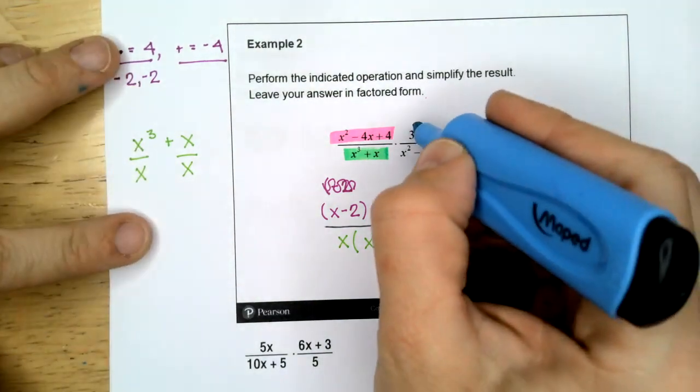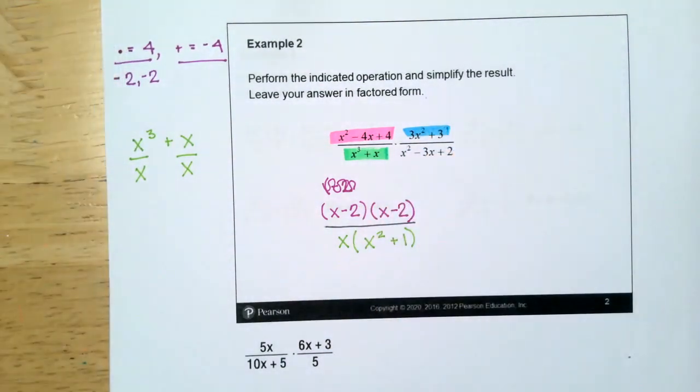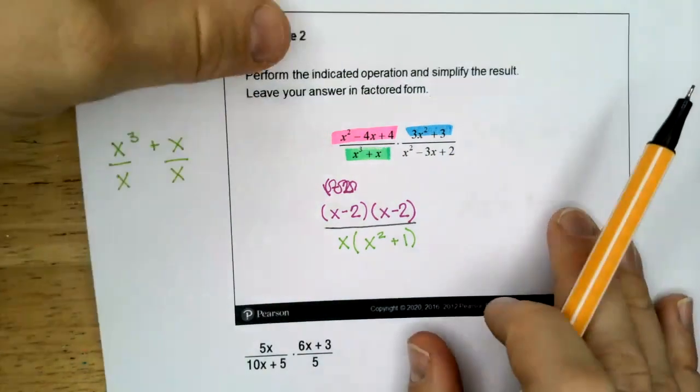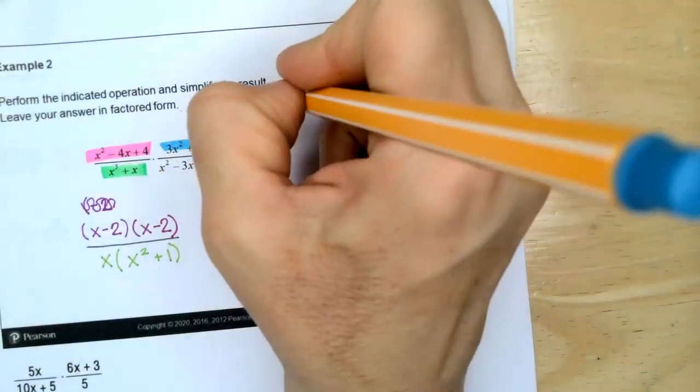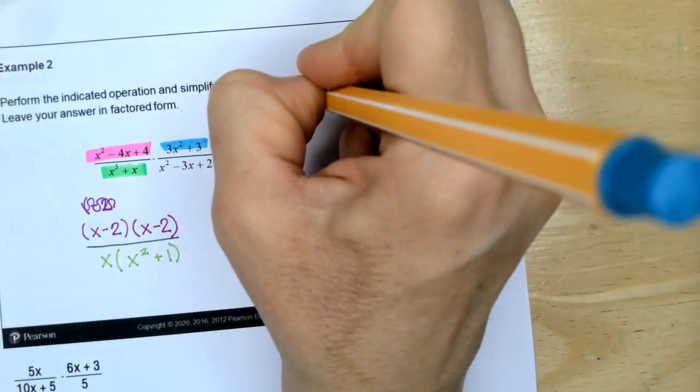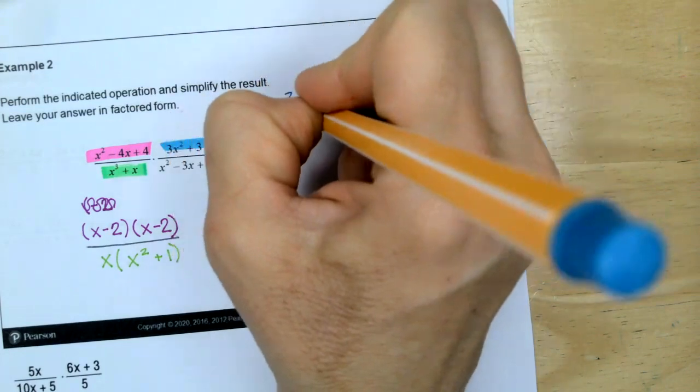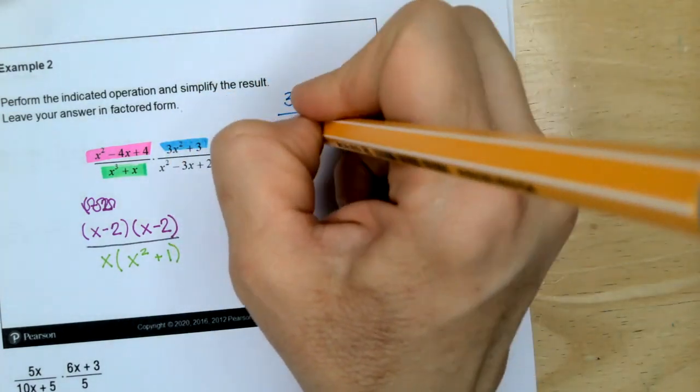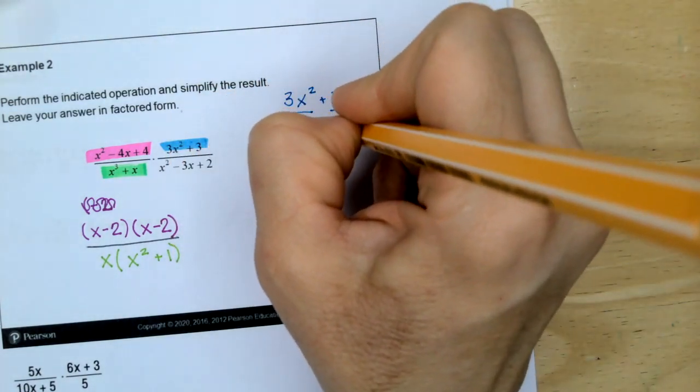All right, next we've got 3x squared plus 3. If we look at 3x squared plus 3, we can factor something out of that. I can divide both of those by 3.